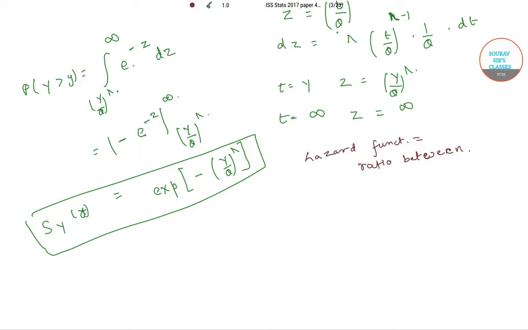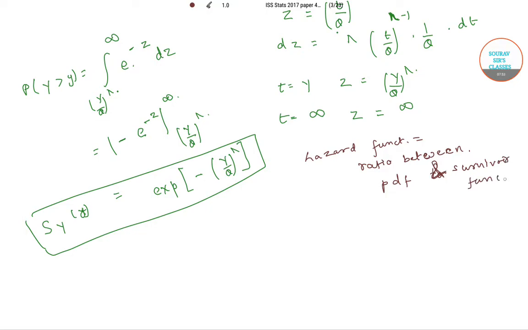It is the ratio between the probability density function and the survivor function or reliability function.